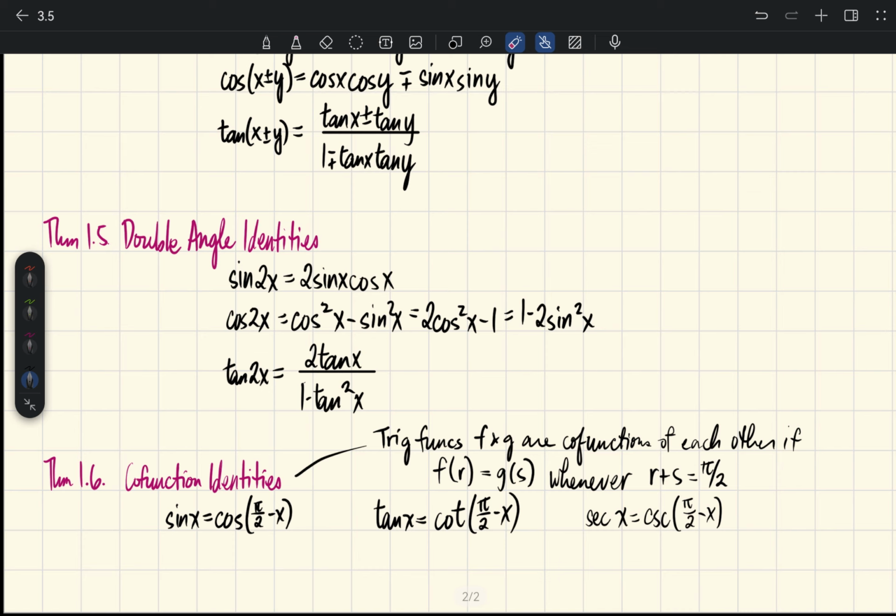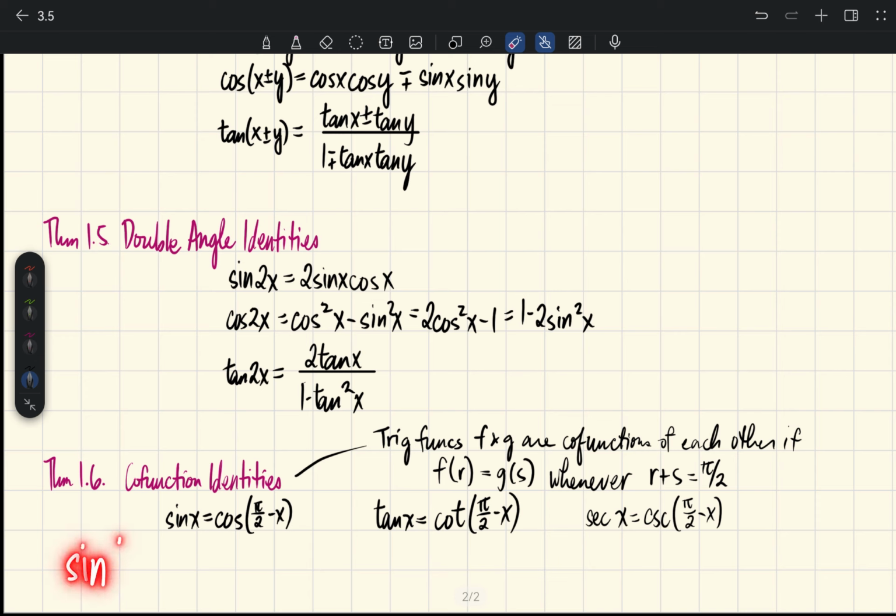For your trigonometric functions, the cofunctions are the following. First is sine and cosine. So sine of x equals cosine of pi over 2 minus x. And consequently, it's also true that sine of pi over 2 minus x equals cosine x. So these two are just equivalent. Bakit?